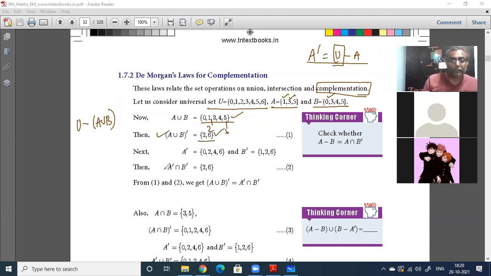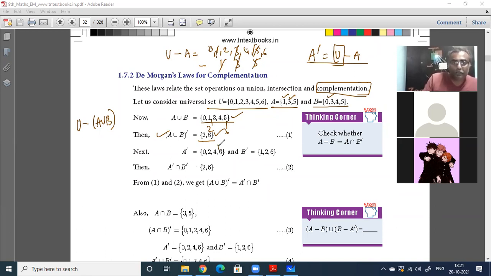Now, next he is telling some new thing. This is the law where it is coming. A complement is 1, 3, 5 subtracted from the universal set. That is 0, 1, 2, 3, 4, 5, 6 minus 1, 3, 5, which gives 0, 2, 4, 6.